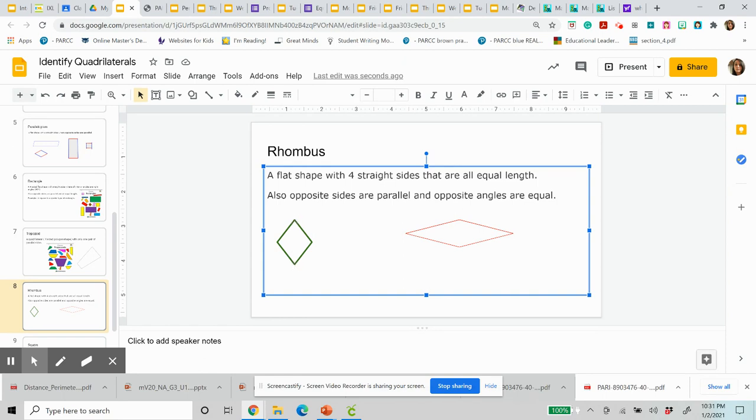Okay, skinny angles, large angles, but the sides are the same size. Okay, that's what makes it different. Okay, a square would have four sides that are the same length, but all angles would be equal.